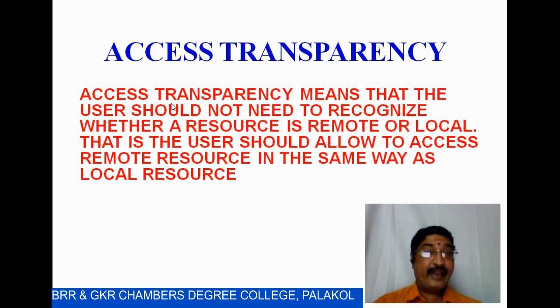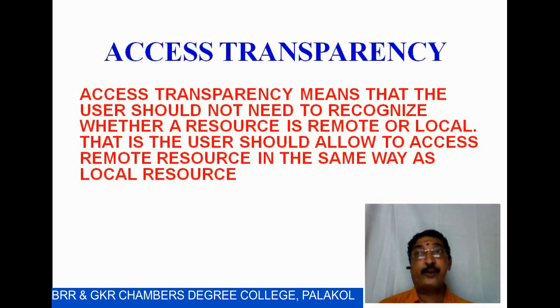So access transparency means that the user should not need to recognize whether a resource is remote or local. That is, the user should be allowed to access a remote resource in the same way as a local resource. He must be able to access remote resources, even if they are in some other country, as if they were local.